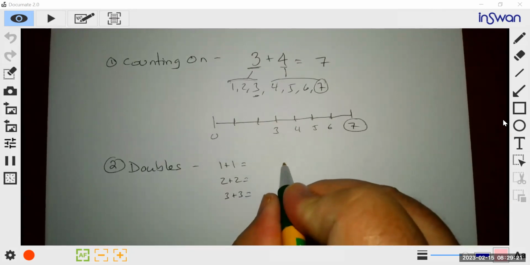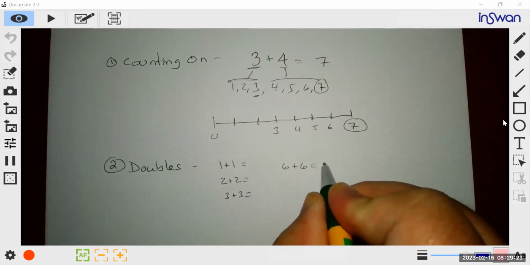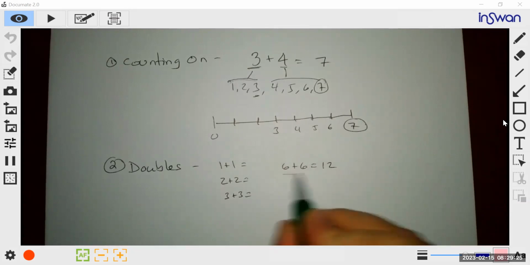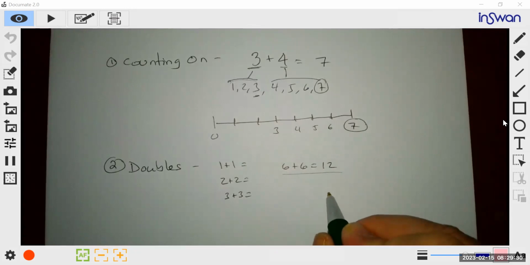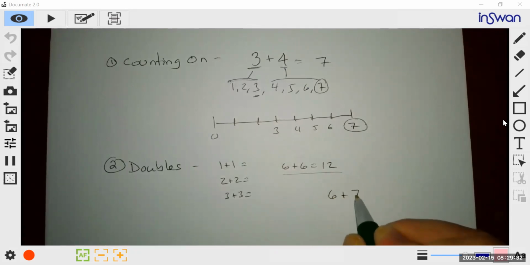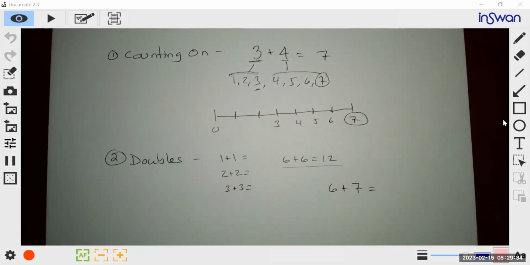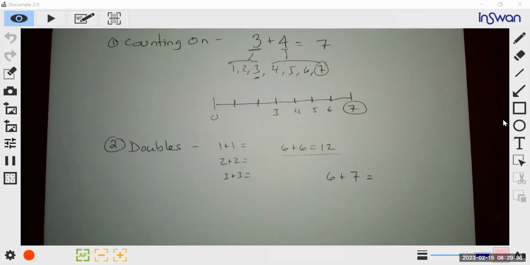So let's say we had 6 plus 6 equals 12. We know that from our doubles, 6 plus 6 equals 12. So 6 plus 7. What's 7 made of? How do we get from 6 to 7?